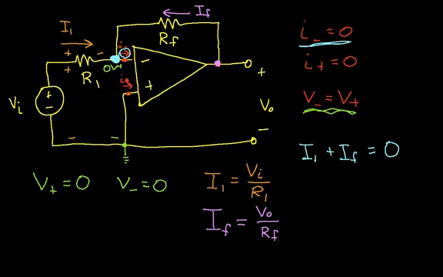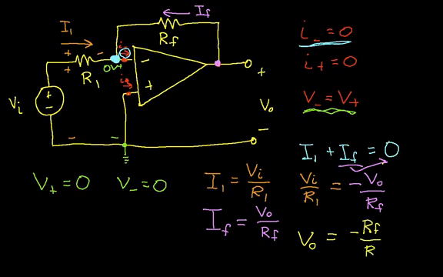Well, we can substitute in for I1, and we have VI over R1 is equal to minus V out over RF. So I've just taken this IF and moved it over here and then plugged in values. And solving this for V out, we can then say that V out is minus RF over R1 times VI.